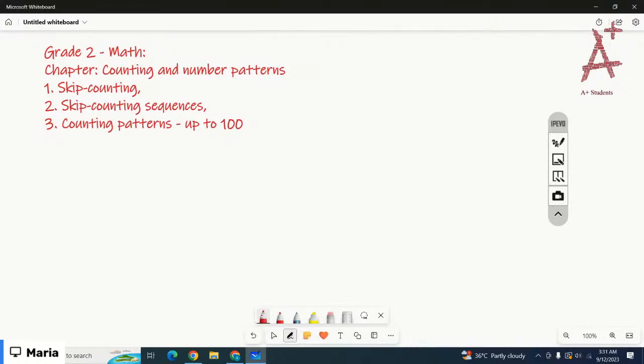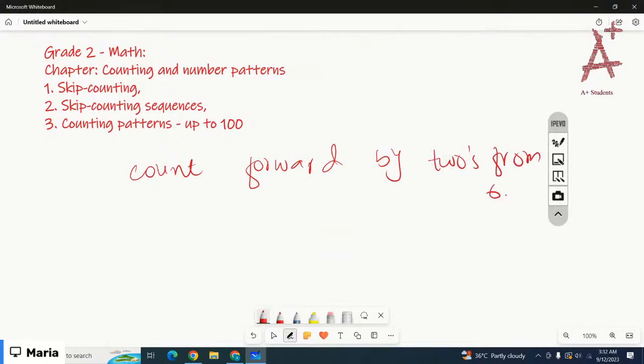For example, you are given: count forward by twos from 6. Let's understand this pattern. You have to count forward. Forward means you have to add every time.